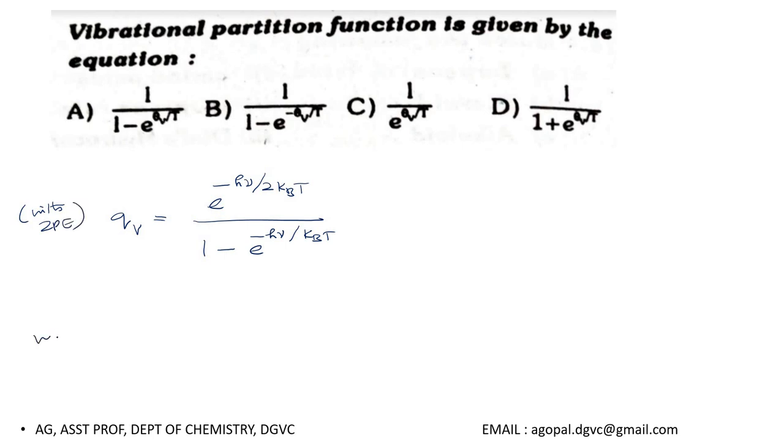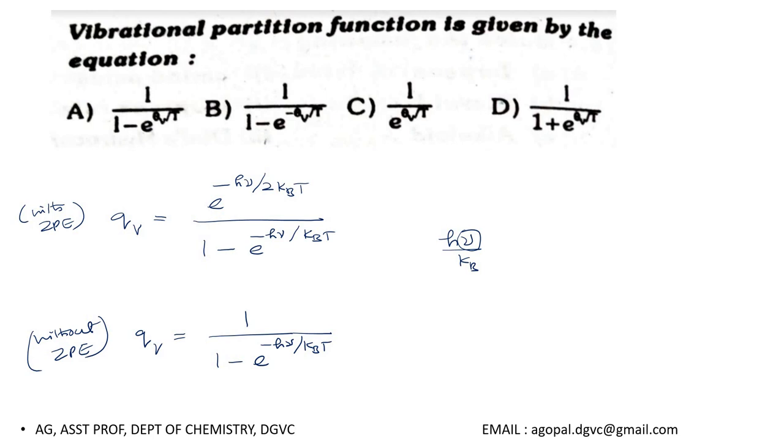Without zero point energy, that means if you keep the ground vibrational state energy as 0, the vibrational partition function becomes 1 by 1 minus e power minus h nu by kBT. Remember this quantity h nu by kB, where h is a constant, kB is a constant, but nu is the vibrational frequency of the bond.